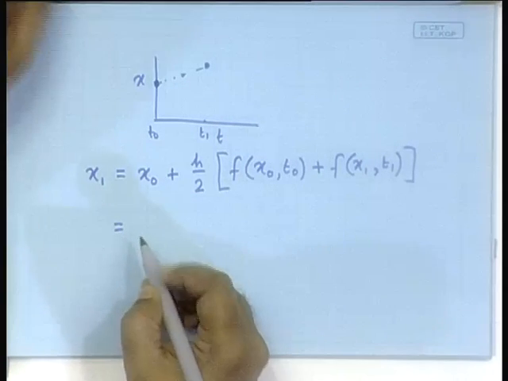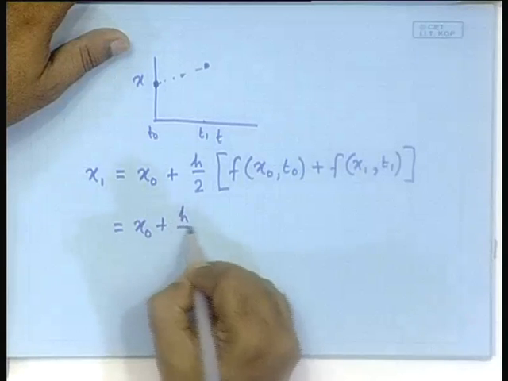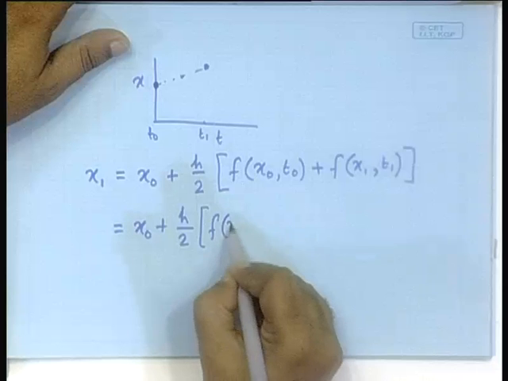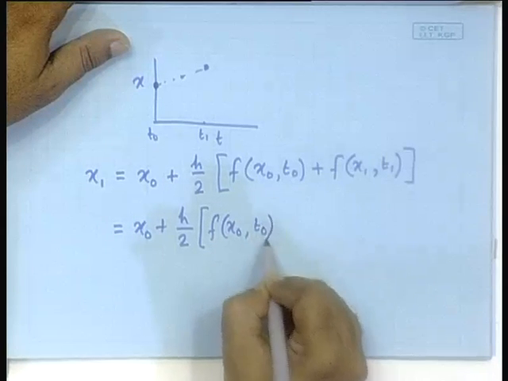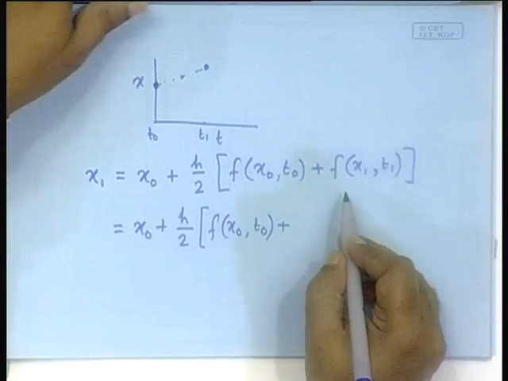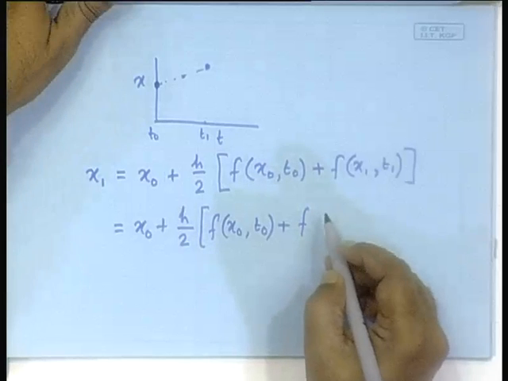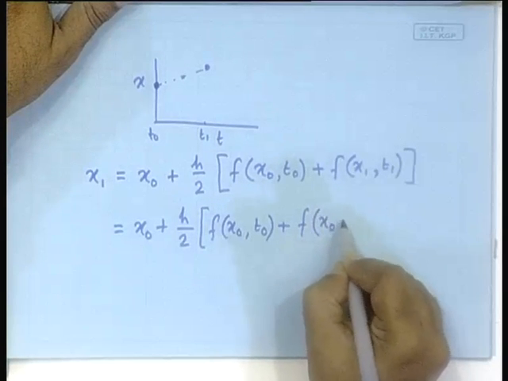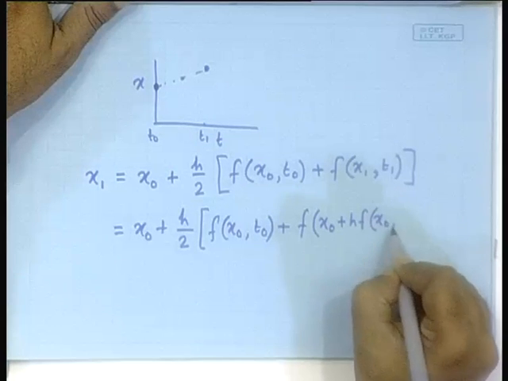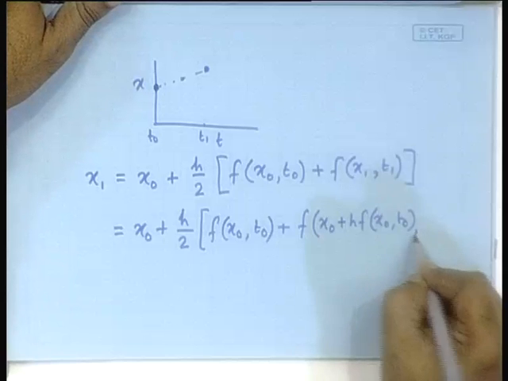So, we have x naught plus h by 2, it would be f of x naught t naught plus this whole thing, f of x 1 was x naught plus h f x naught t naught, comma t 1.